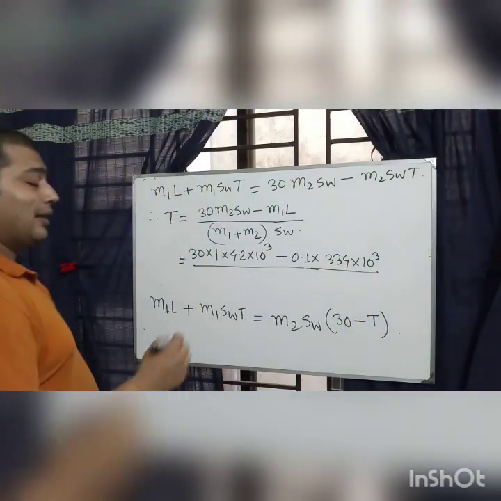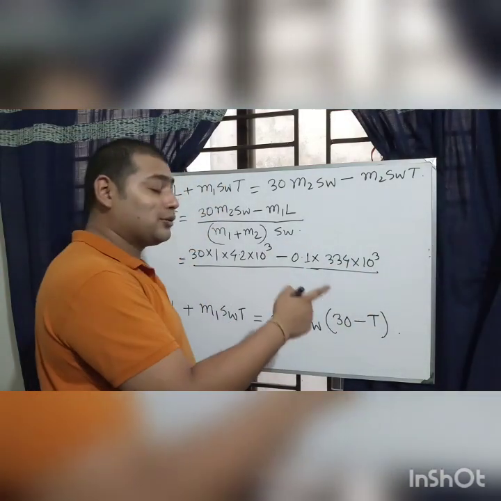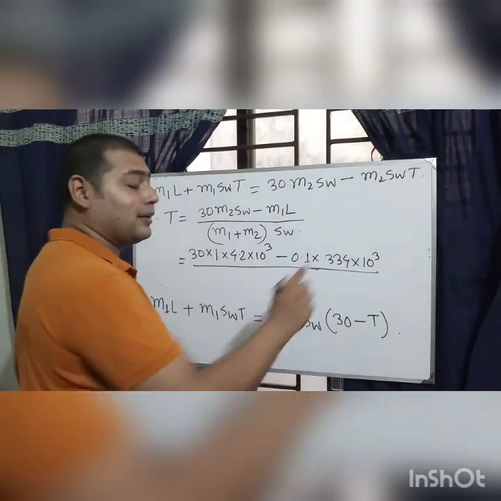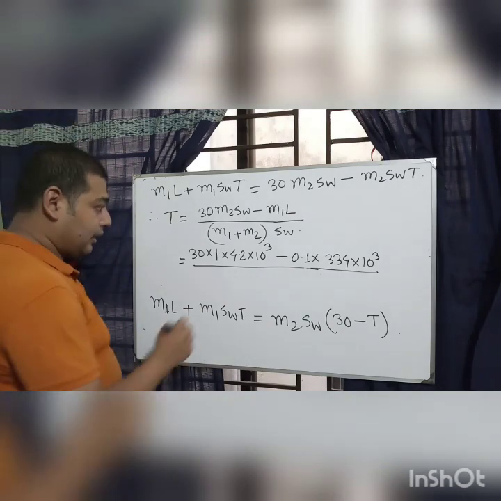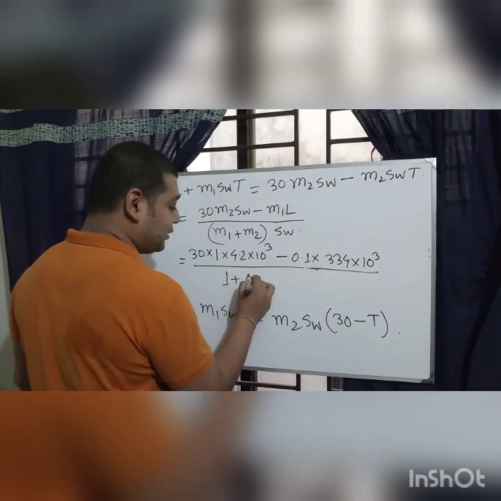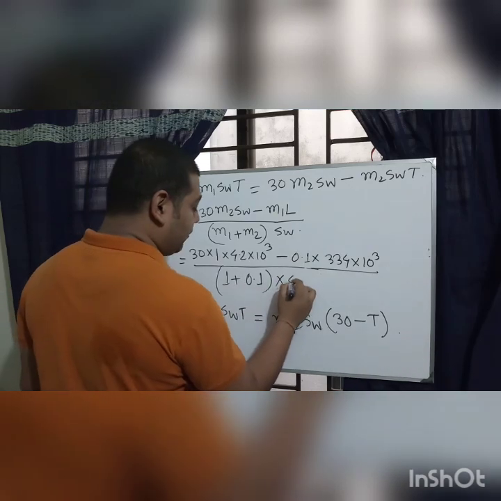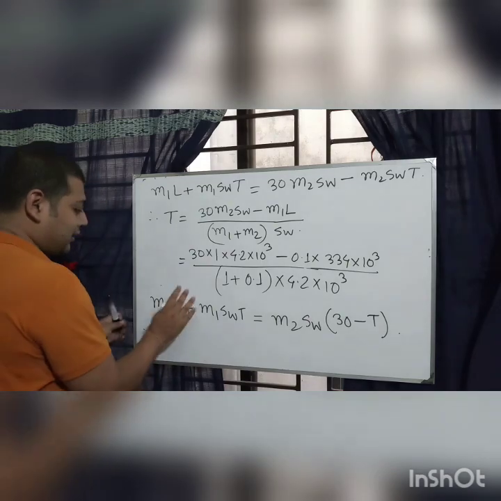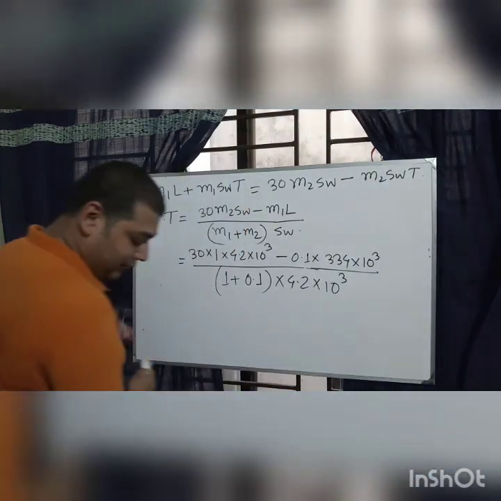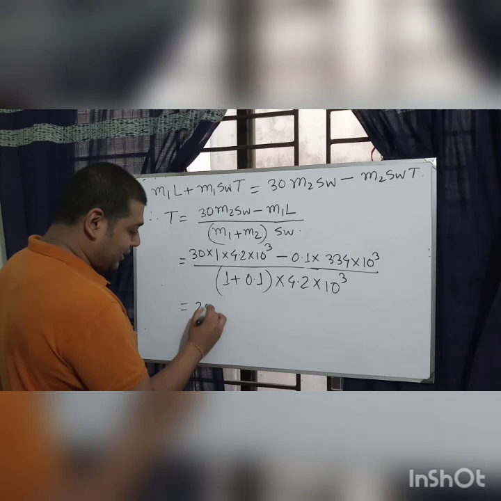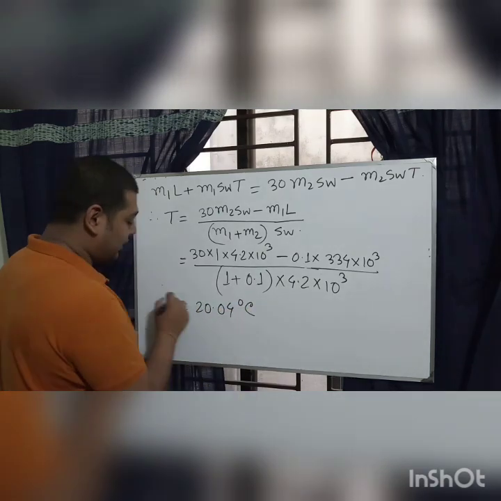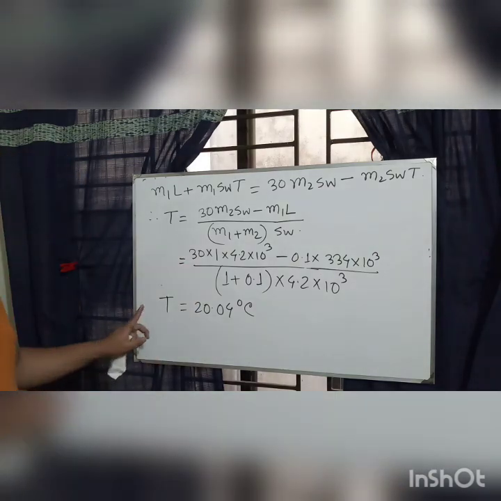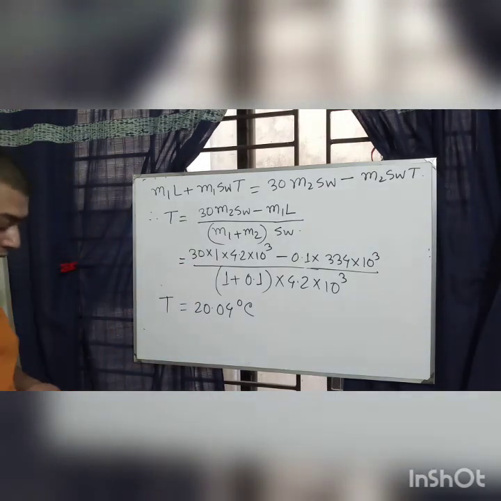Here latent heat is in kilojoules, so we need to convert it to joule by multiplying by 1000. Now (1 plus 0.1) into 4.2 into 10 to the power 3. So by calculating we get T equal to 20.04 degrees Celsius.